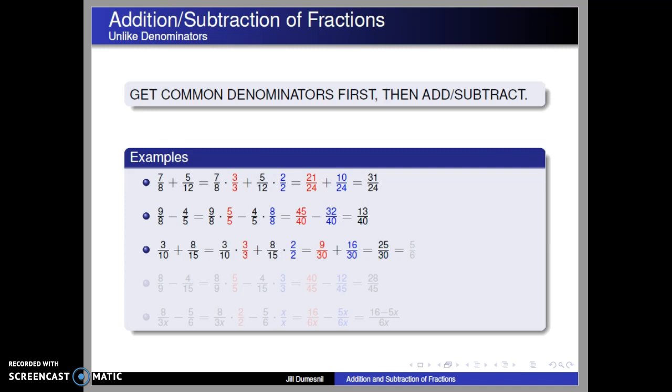Adding the two numerators, we have 25 over 30, which does simplify to 5/6. To review the fraction simplification property, you can refer to the video on fraction properties.